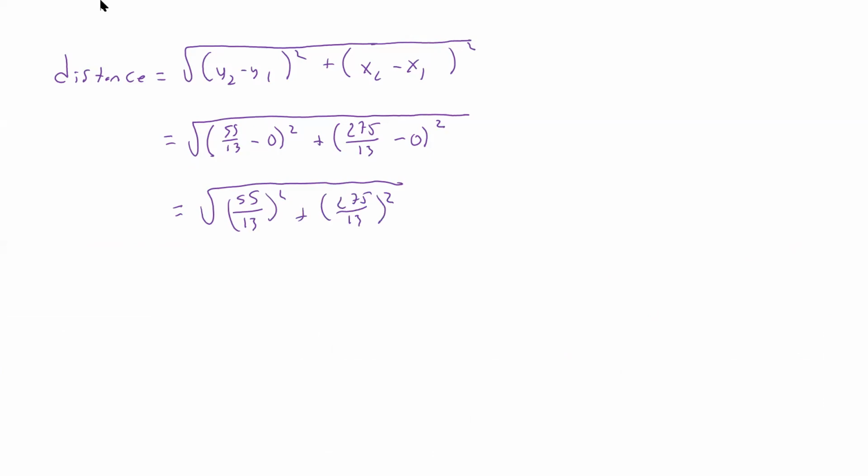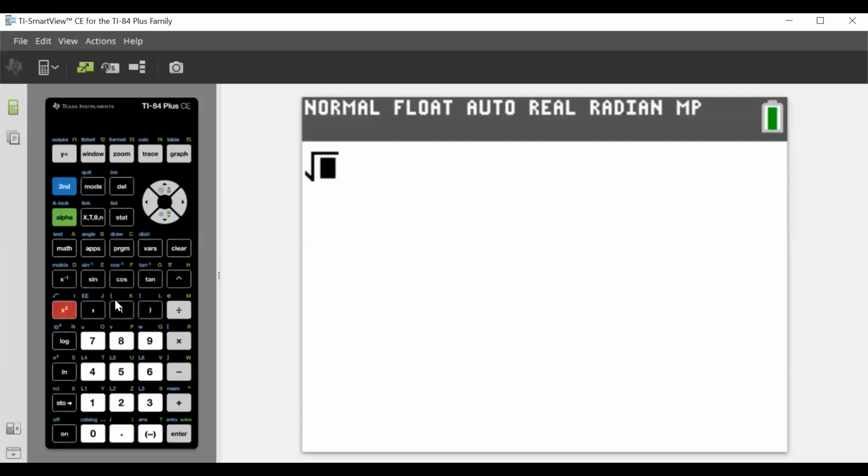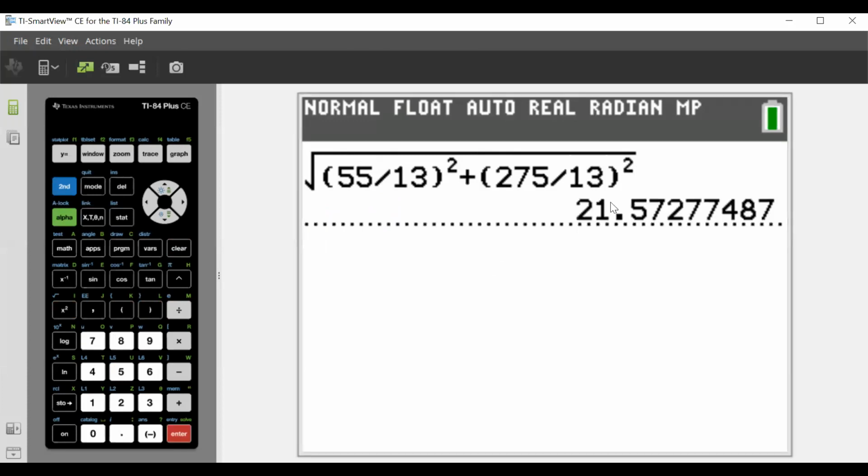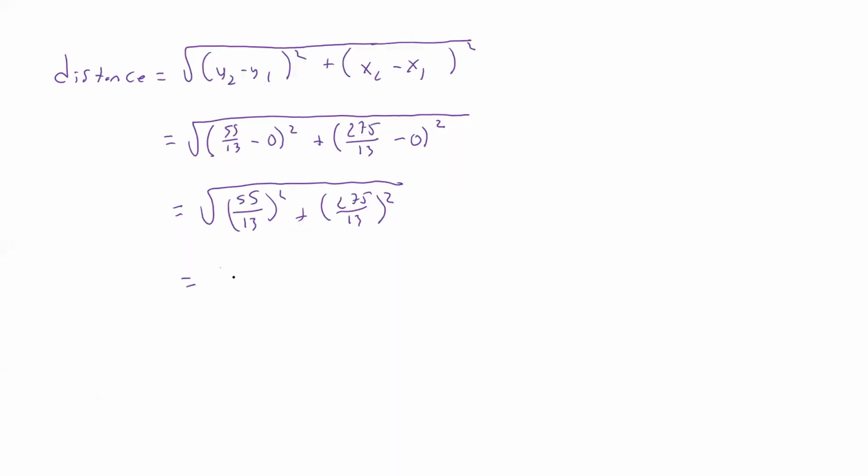If we find that on our calculator, the square root of 55 divided by 13 squared plus 275 divided by 13 squared, and I think I wrote all that out right, we get 21.573. So 21.57, and we were in miles. So that's how far the junction is.